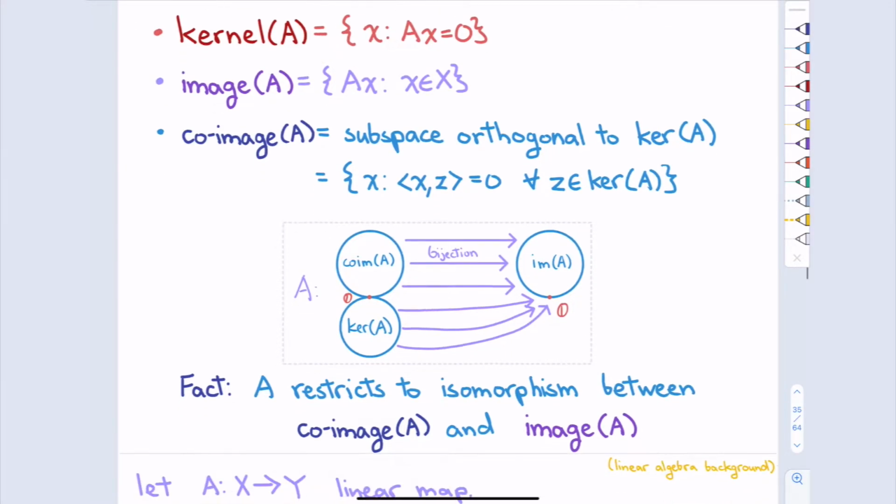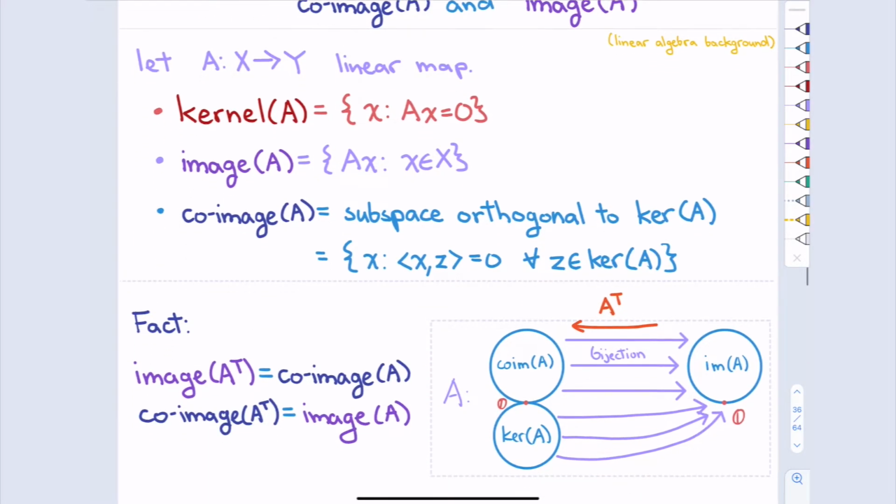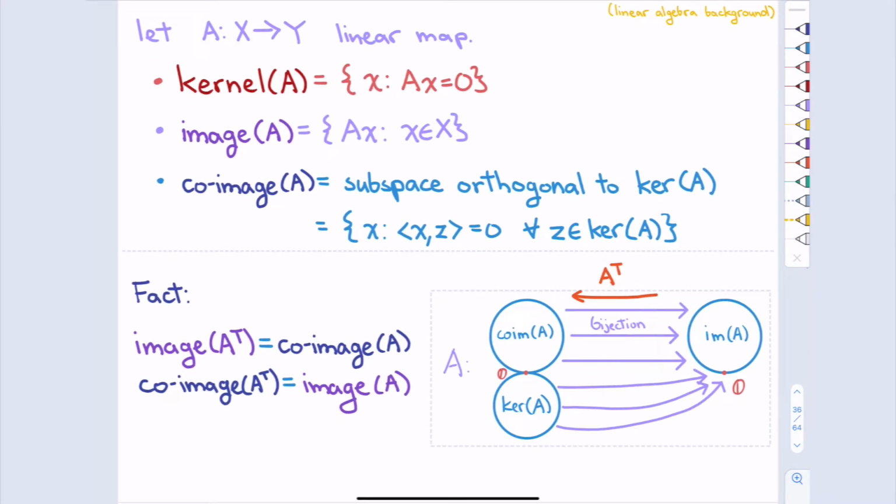And the other fact has to do with just the transpose. Okay. So A transpose is going in the other direction. The image of A transpose is actually always equal to the co-image of A. And the co-image of A transpose is equal to the image of A. So A and A transpose are not inverse to each other.